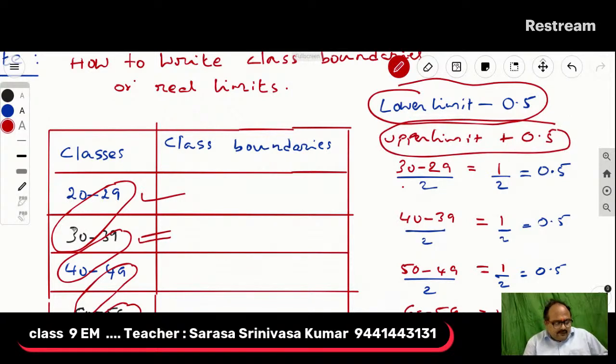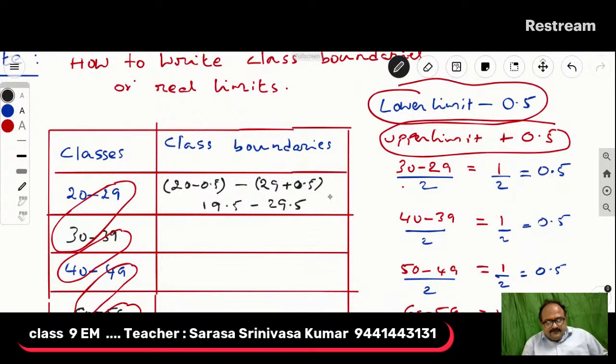So here what is the value? 20 minus 0.5. Now let us answer this question. Here we have 20 minus 0.5, this class interval. These are 29 plus 0.5. So this is how we write the class intervals. That means 19.5 to 29.5. This is how we get the class boundaries.